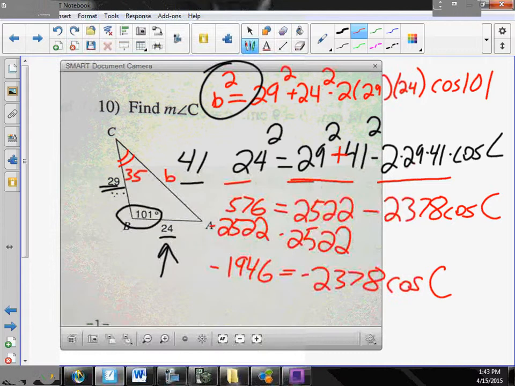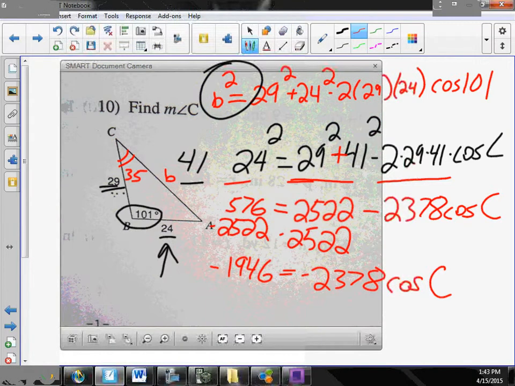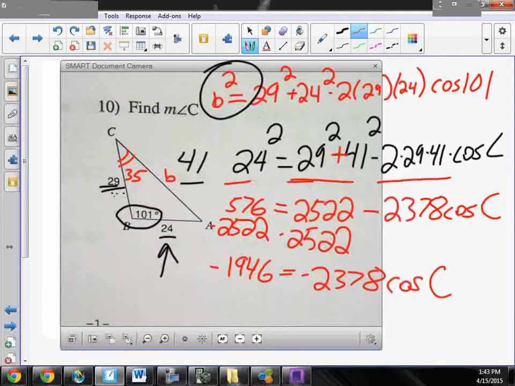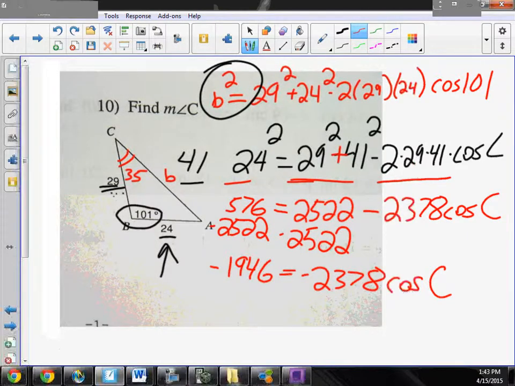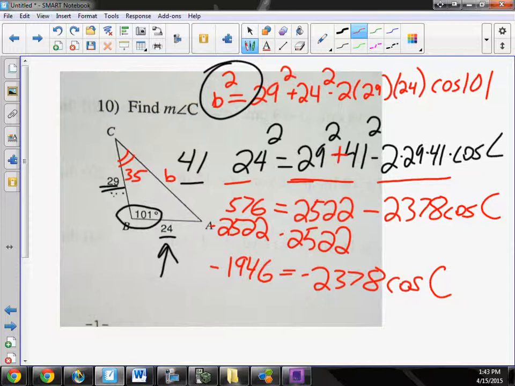Now, if you look, if you turn the page, number 13 says, solve each triangle. What does that mean? Yeah, we did it yesterday. Find everything that's missing. Right? Well, in this case, I'm only missing one thing. I'm missing angle A. Is that hard to find?